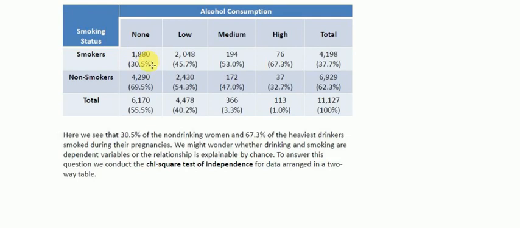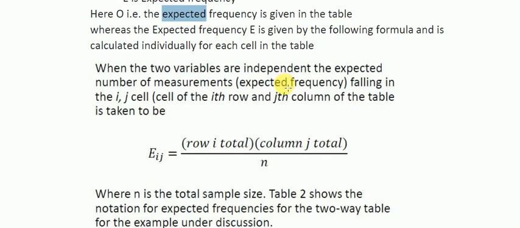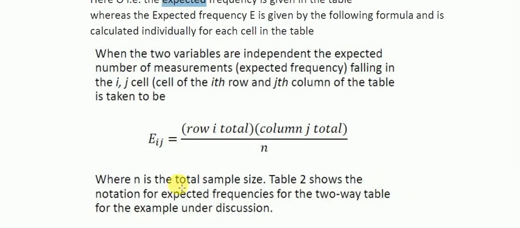These values are the observed frequencies. We'll have to calculate the expected frequency using this formula for each of these cells individually. So how do we do that?